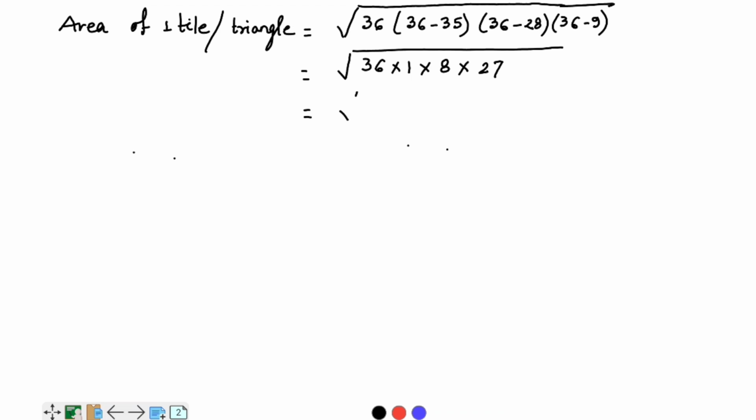So let us see now what it comes out. That is equal to 36, you can keep it. 8 you have to put like 4 multiplied by 2, and here 3 multiplied by 3 multiplied by 3.